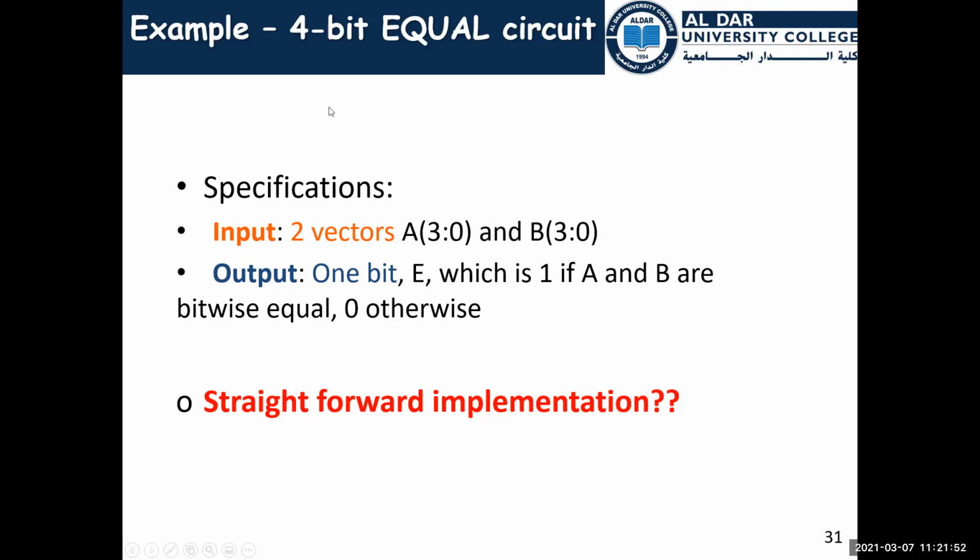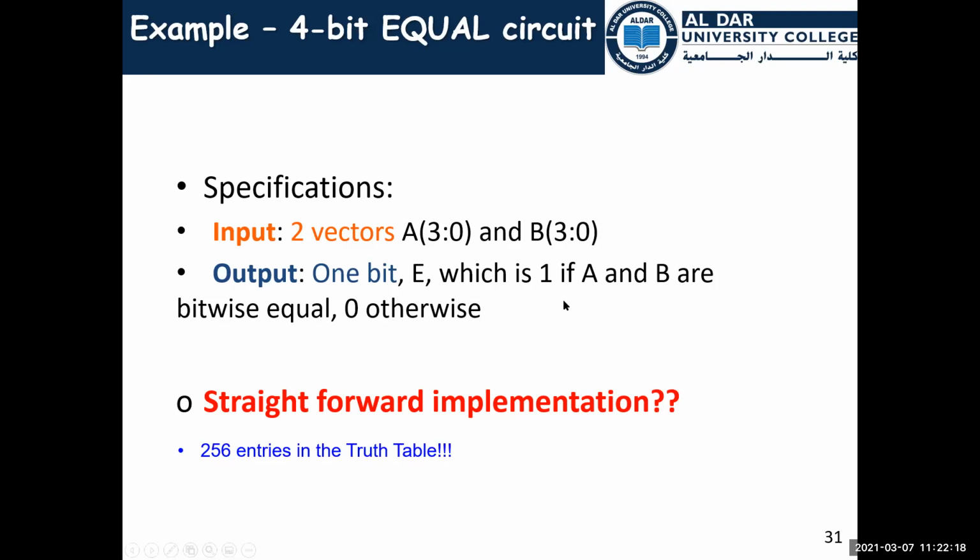This is 4 inputs, and this is another 4 inputs. We want to compare the 4 inputs together with the other 4 inputs. If we want to make it with a truth table, what will we do? We will have 256 entries in the truth table. Is that feasible? No, it is not feasible.